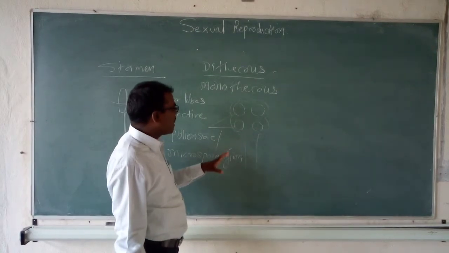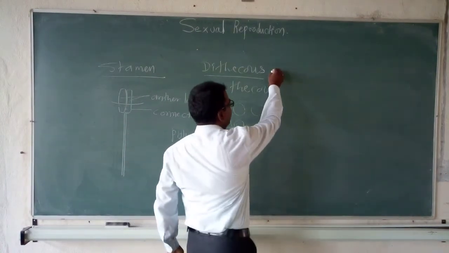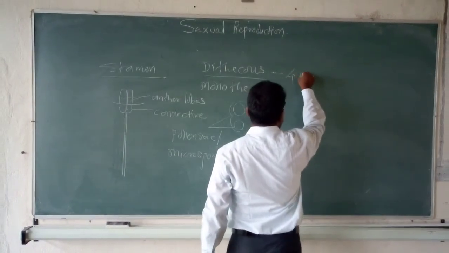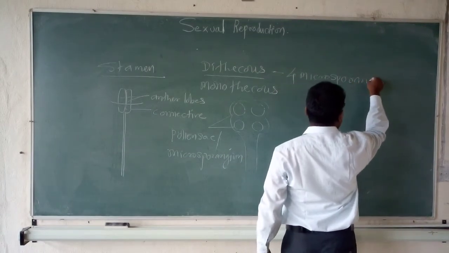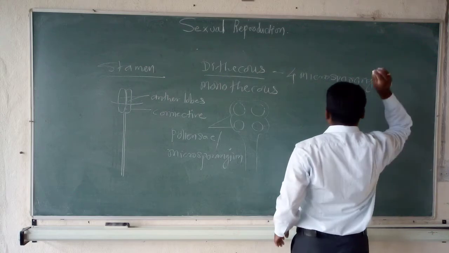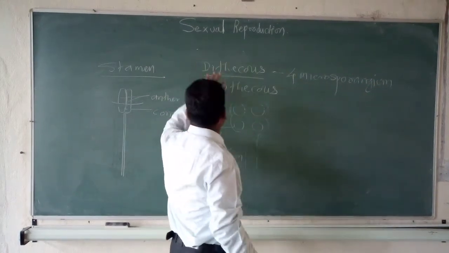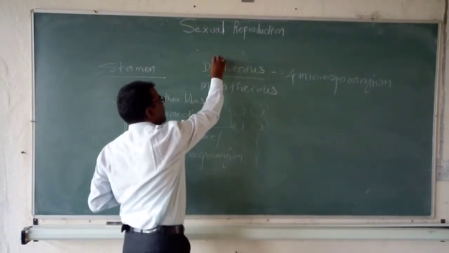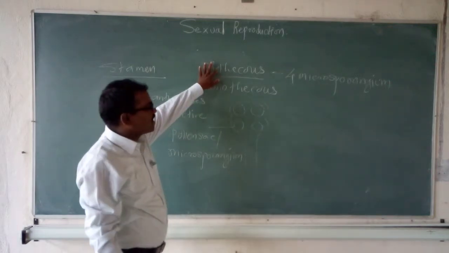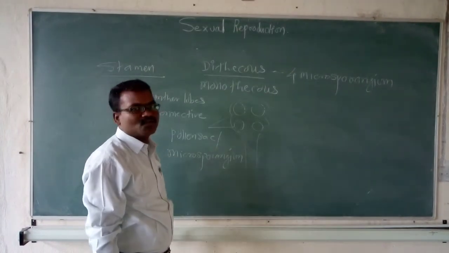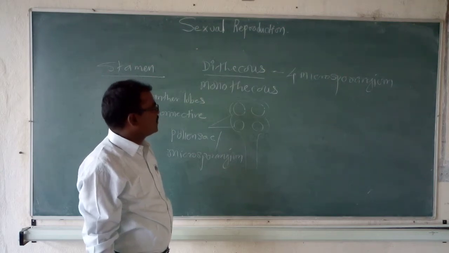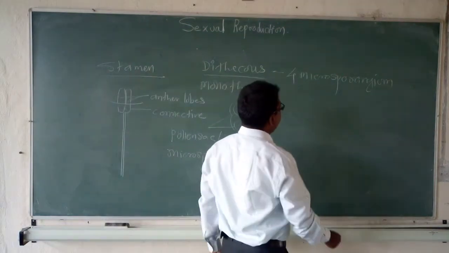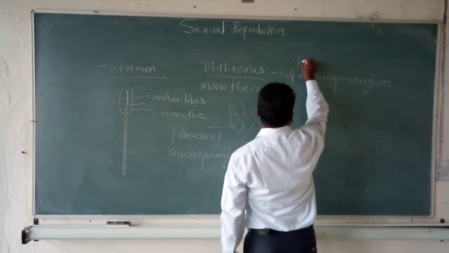That means there are four microsporangia in a dithecous anther. Hence it is called tetrasporangiate.